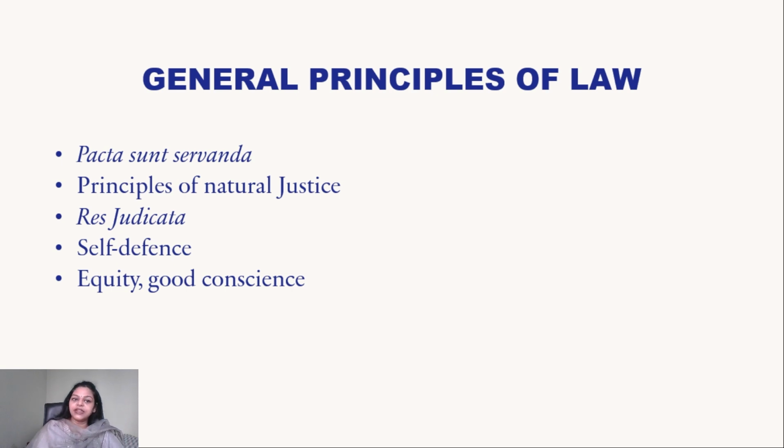So pacta sunt servanda was an international custom. It became a custom because it was observed by most of the national legal systems of the world. But after the VCLT came into force, it has also become a treaty provision, right? So this is an example of all three sources of law in that sense, right?